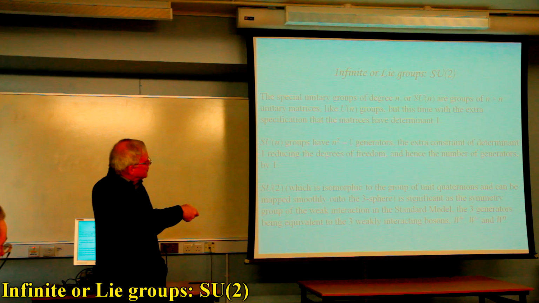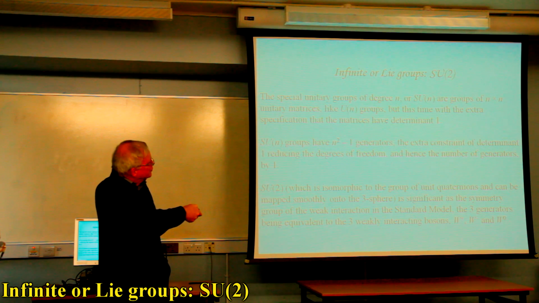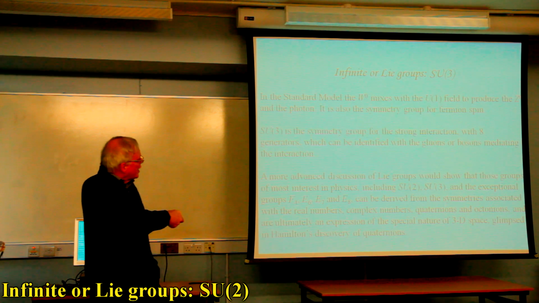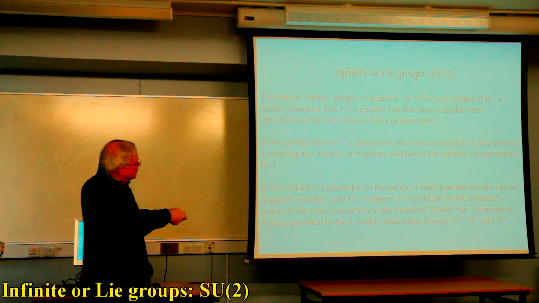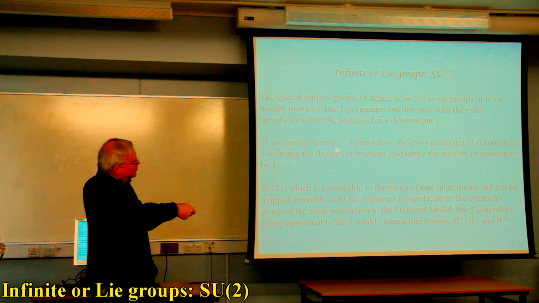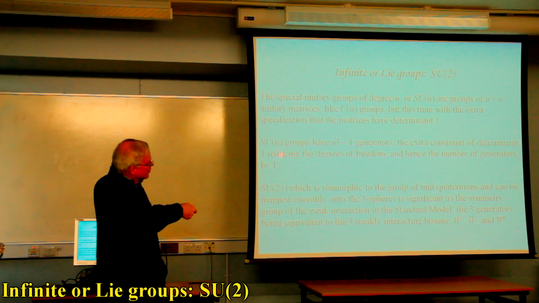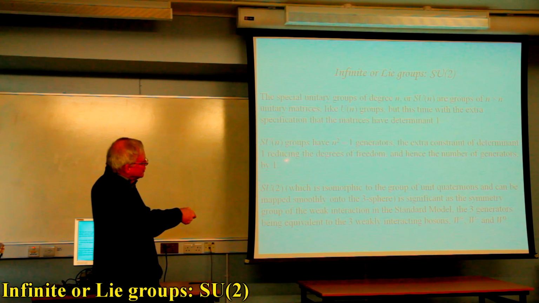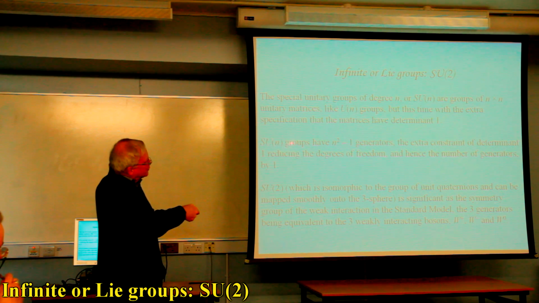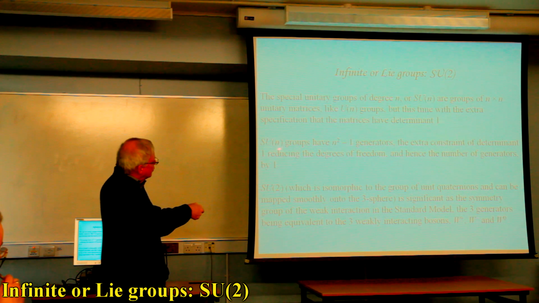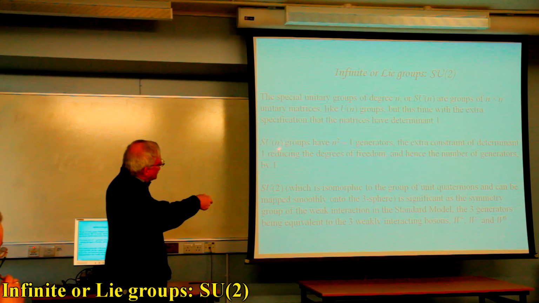SU2 groups can be defined, let's see how that's defined. U groups are defined by matrices. An SUN group is defined as having n squared minus 1 generators. They are defined by the unitary matrices, unitary matrices of determinant 1, of that order.